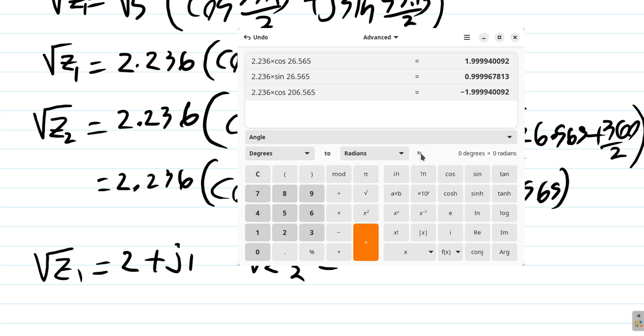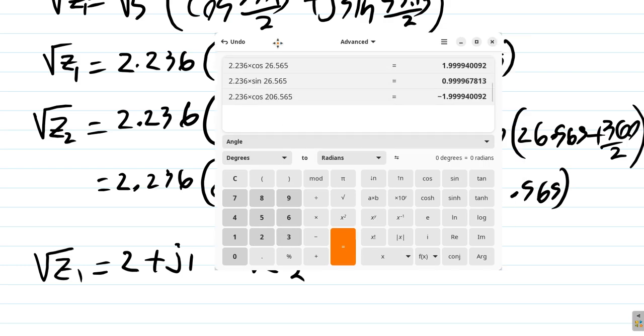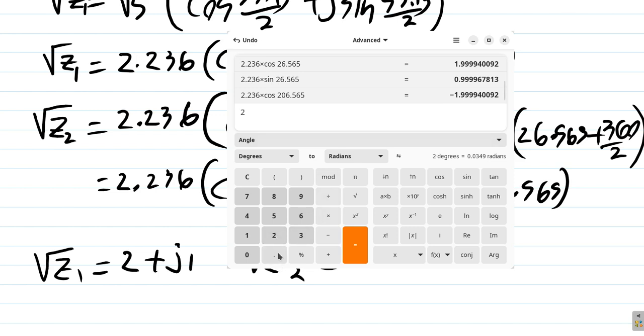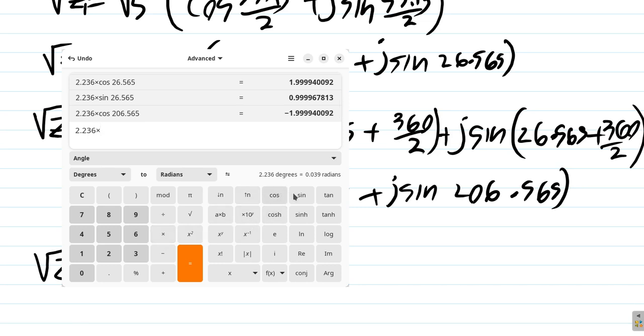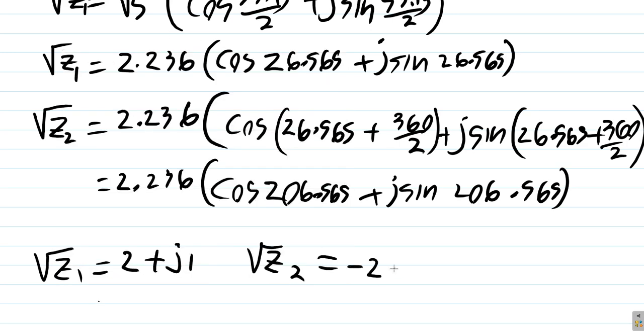And then 2.236 again, times the sine of 206.565 equals -1. So it's -2 minus j.